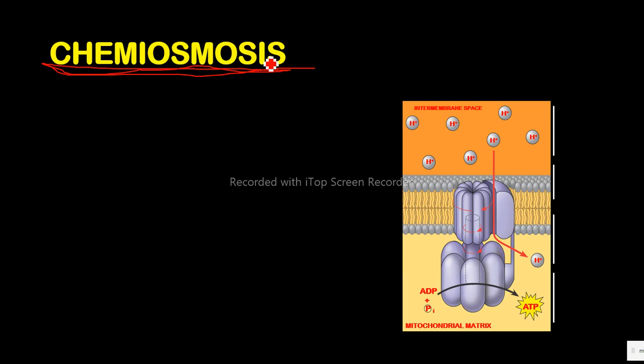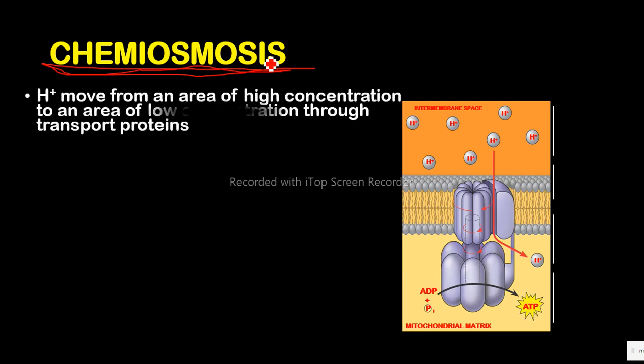And how is it generated? You actively pump these protons into the intermembrane space. And where is the source of energy? It is these electrons, which are moving at a series of decreasing energy levels within the protein complexes that are found in the inner mitochondrial membrane. So that is the concept.